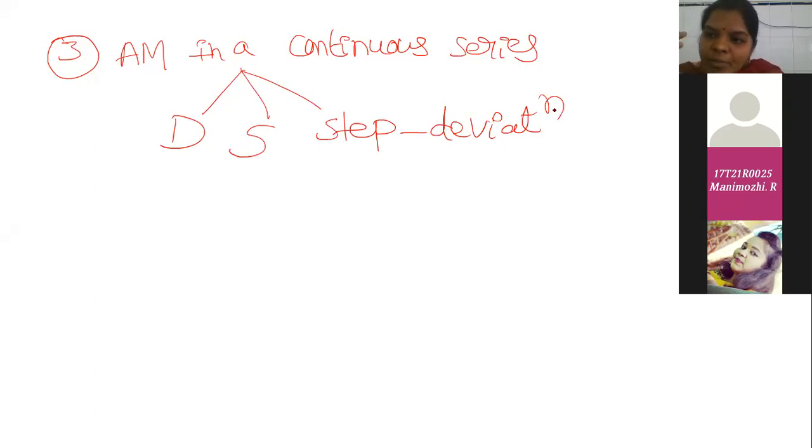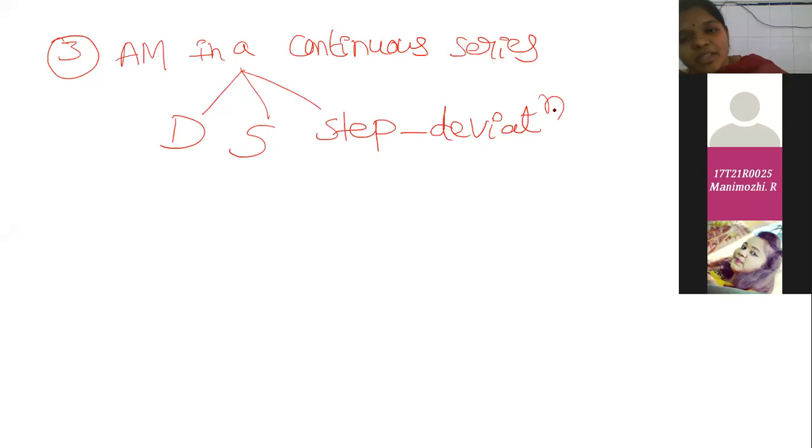Or else in some problems, they will give, find the arithmetic mean with the help of the step deviation method. But you have to identify whether the data is present in an individual series, a discrete series, or a continuous series.